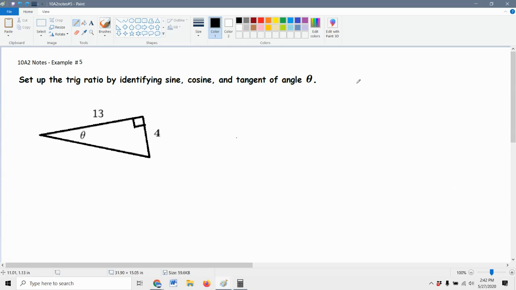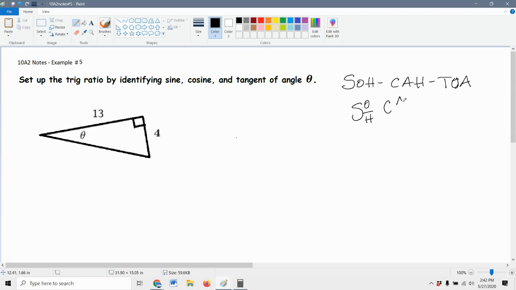Again, we have a nice little way to remember what our trig identities are. So, soh cah toa, that's how we say it. Okay? But the way I like you guys to write it is like this.